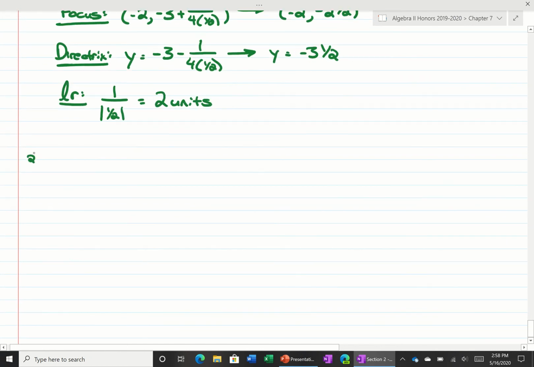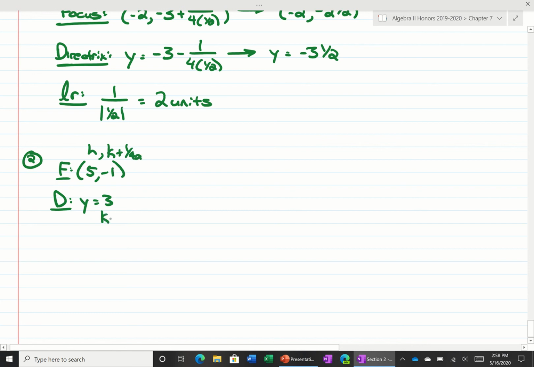For problem number 2, we have the focus is (5, -1), and the directrix is y is equal to 3. And so let's see here. We know that this would be h, and this is k plus 1 over 4a.